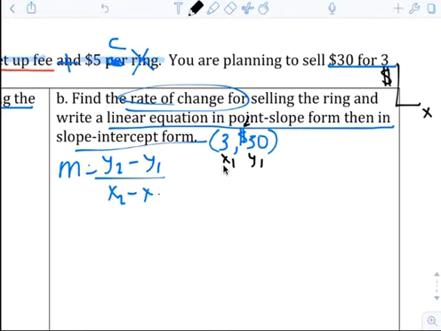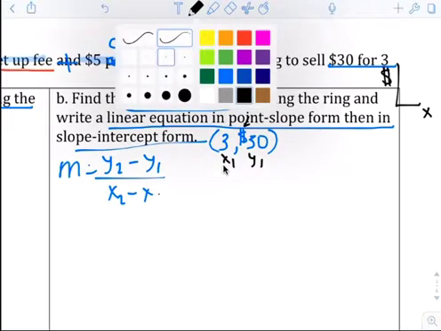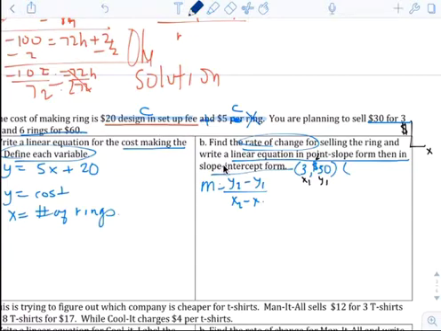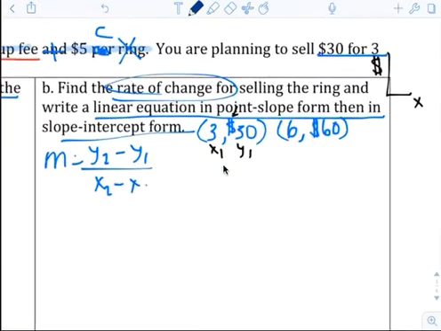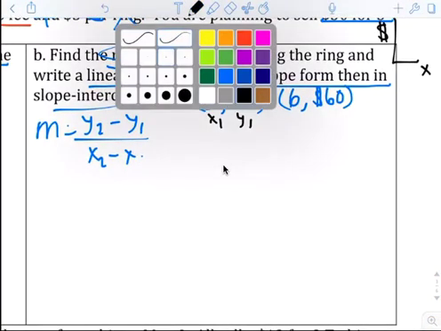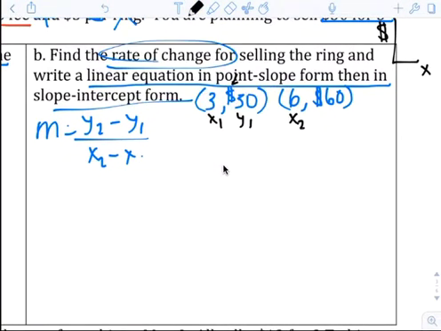Okay? And then 6 rings for $60. So you get x2, y2. So m equals y2, which is 60, minus y1, 30, all over x2, which is 6, minus 3.